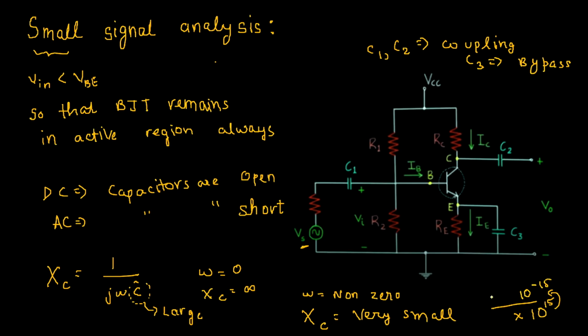So this signifies that the impedance is very, very small. A small impedance basically means that there is no resistance being offered, so it is behaving almost like a straight wire. So in case of alternating current, capacitors are short circuited, and in case of direct current, they are open circuited.